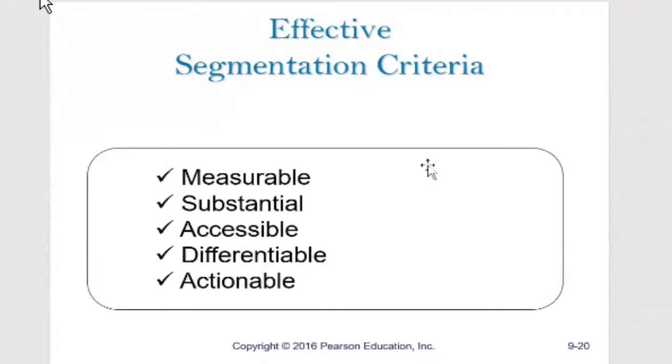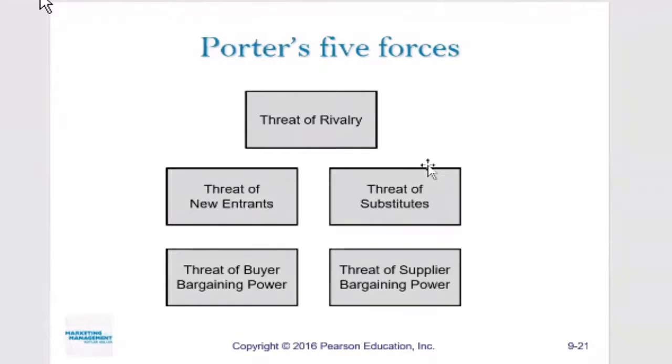Then you should have reach, that is, it should be accessible. It should be differentiable from the next segment, so that two segments are not so similar that you cannot differentiate between the two. And then you should be able to come up with an actionable plan for that specific type of segment. So these happen to be the dimensions.